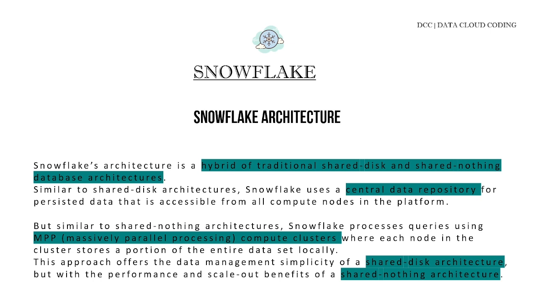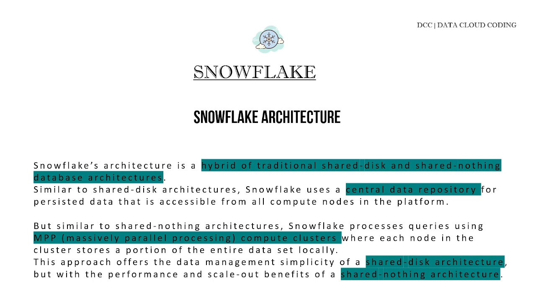Similar to shared disk architectures, Snowflake uses a central data repository for persisted data that is accessible from all the compute nodes in the platform. So we have a central data repository, and all the compute nodes that we have enabled in our Snowflake platform can use that single central data repository. And this enables the shared disk architecture functionality.